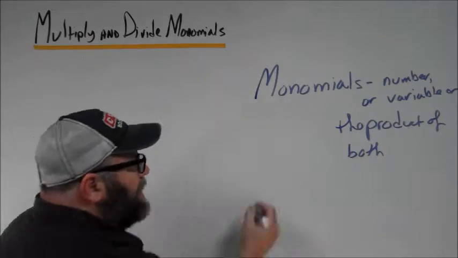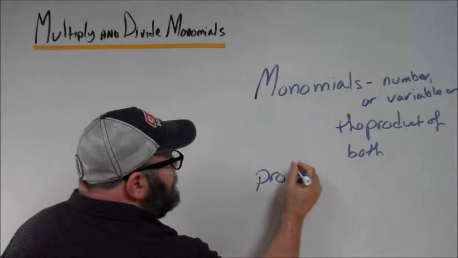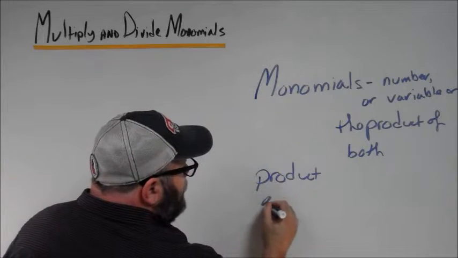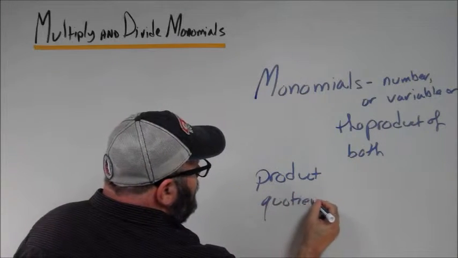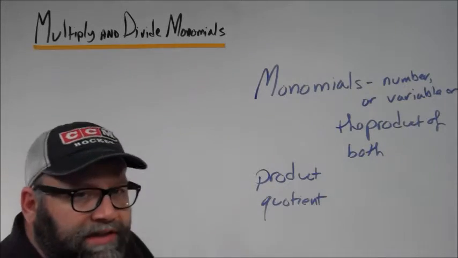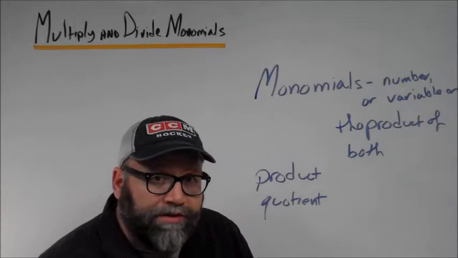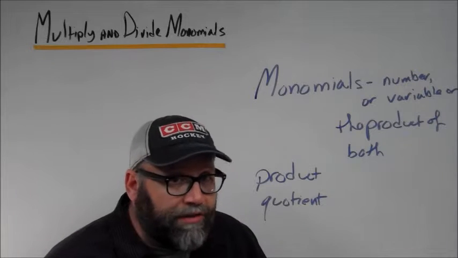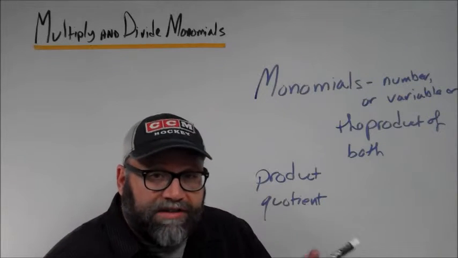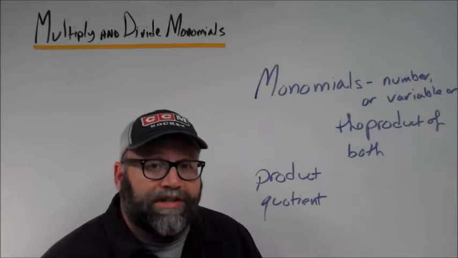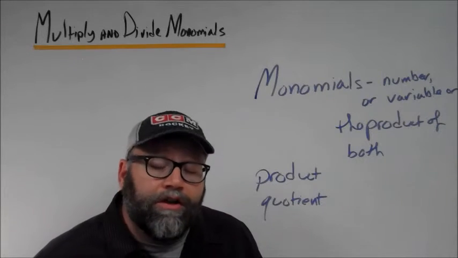We also had, let's not forget what product is, and quotient. We've got to keep in mind this language. The language is what matters thematically. As you go through math year to year, it's the language that has to carry with you so that each year gets a little bit easier because you're accessing your past.